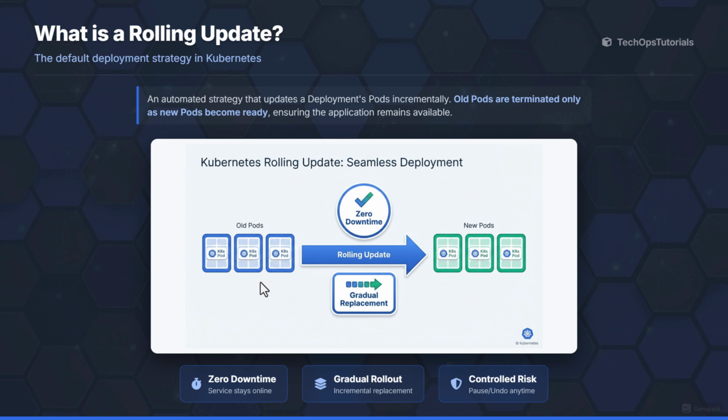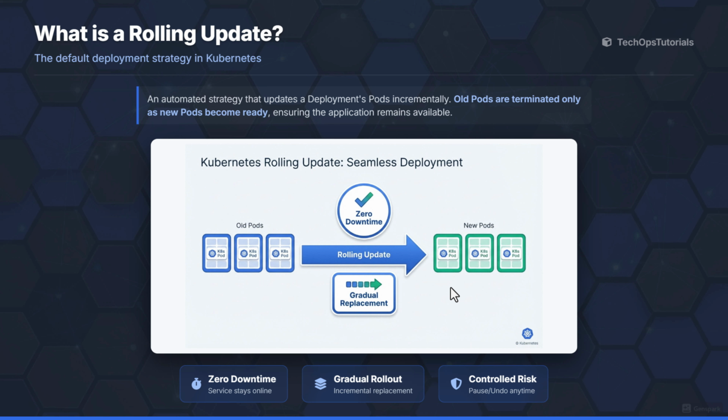As you can see on the diagram, the old pods are on the left. Kubernetes starts creating new pods one by one, and as each new pod becomes healthy, an old pod is removed. This continues until every old pod is replaced.